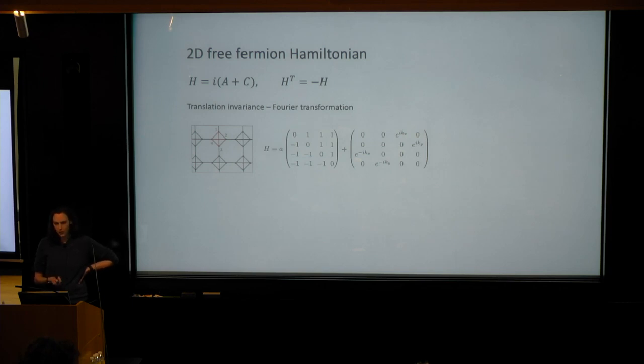So since we have a completely translation invariant system, we can just look at this Hamiltonian in Fourier space. Just to make a connection to the free fermionic Hamiltonian, what we should really think of is some hopping Hamiltonian, or it could also be pairing, where the individual tensors become unit cells, and the parameter of the match-gate tensor A is identified with a hopping strength between sites in the unit cell.